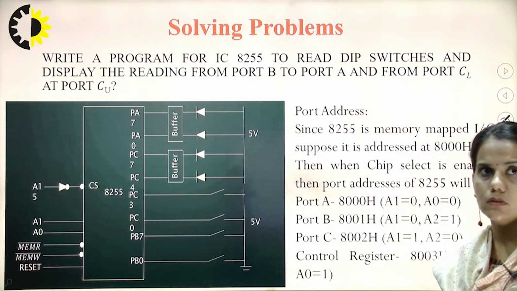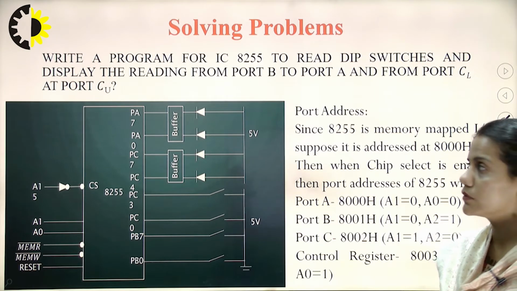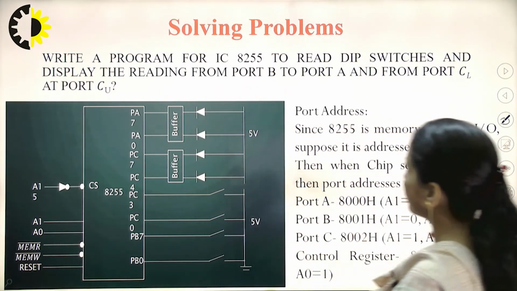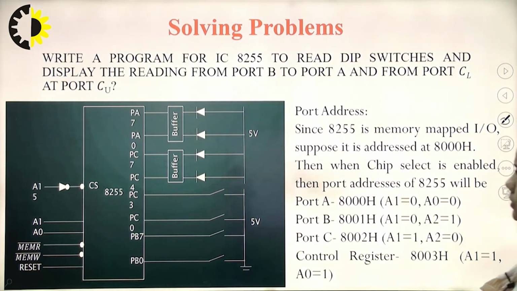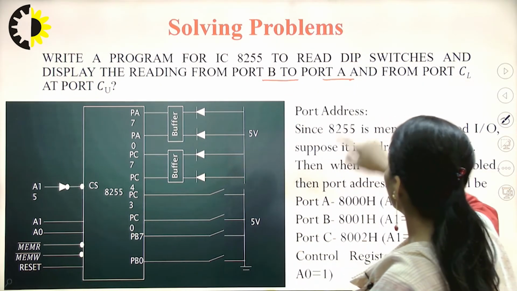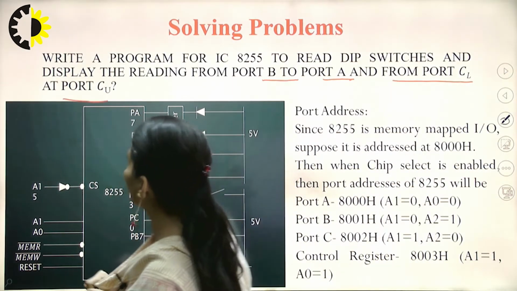Let's have a look at the problems. We will solve a problem so we will be able to understand the use of 8255. This is saying: write a program for IC 8255 to read DIP switches and display the reading from port B to port A and from port CL to port C upper.